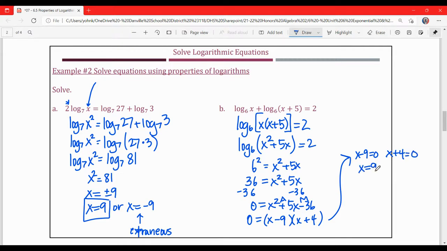I get x equals 9 and x equals negative 4. Remember to always check it by plugging it back in. If I plug 9 in, that's positive. 9 plus 5 is 14, that's positive. 9 works. If I plug negative 4 in, I can't take the log of a negative number, so negative 4 is extraneous.